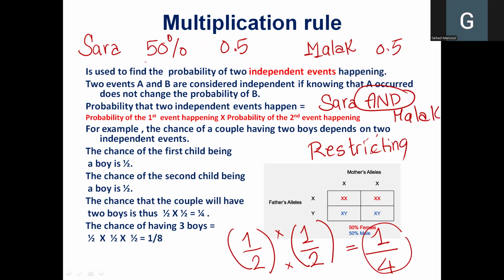So if there is a relatively higher possibility of meeting Sarah, which is 50%, and an equal possibility of meeting Malak, then of course the probability of meeting them accidentally in the street at the same time would be less, and it would be 25%.